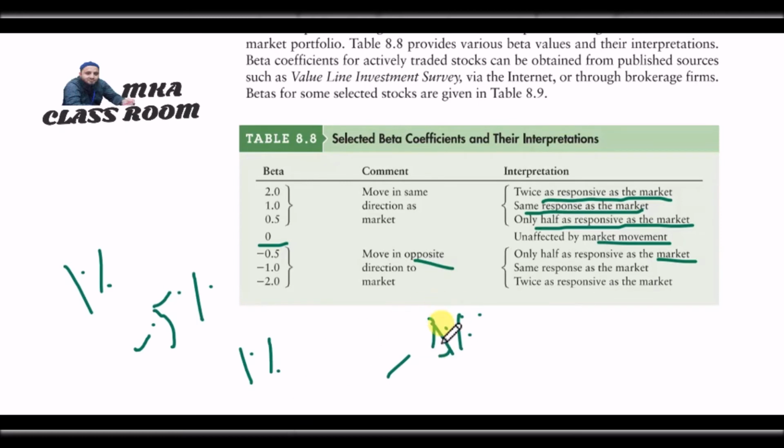In the same way, if the market changes minus 1%, then this stock's return should change plus 1%. So that is the opposite direction, up to twice as responsive as the market.